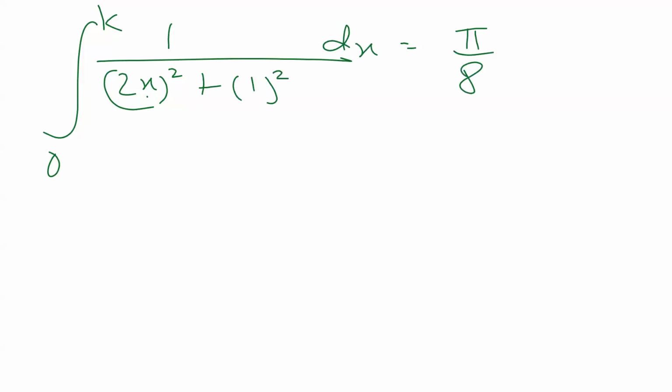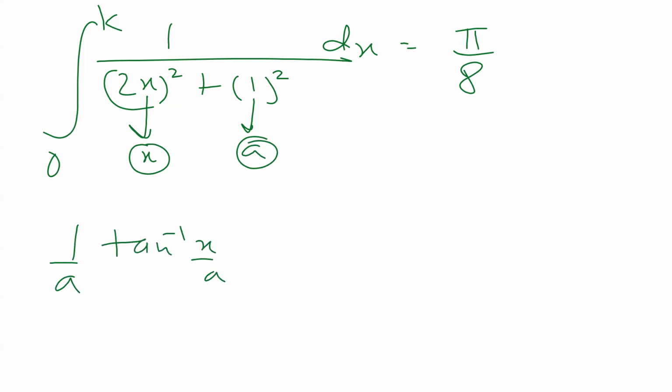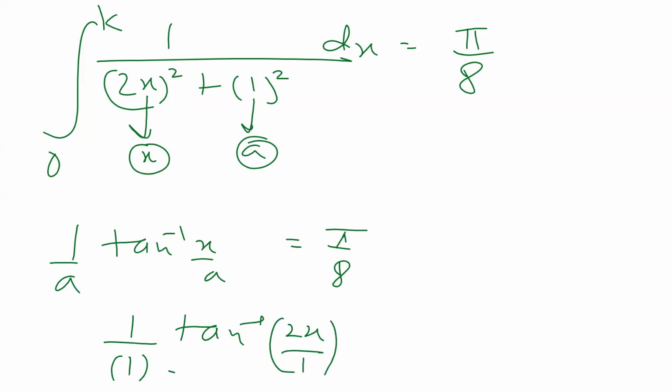Okay, so this is x and this is a. So 1 upon a tan inverse x by a, that's the formula. So 1 upon 1 tan inverse of 2x upon 1, upon d by dx of 2x, so there will be 2 down over here. The significance of this 2 is it's a chain rule, d by dx of 2x.